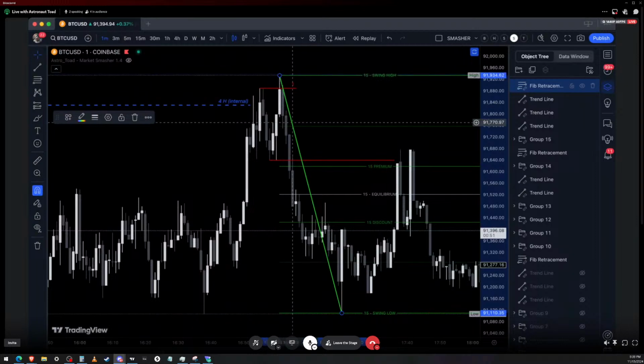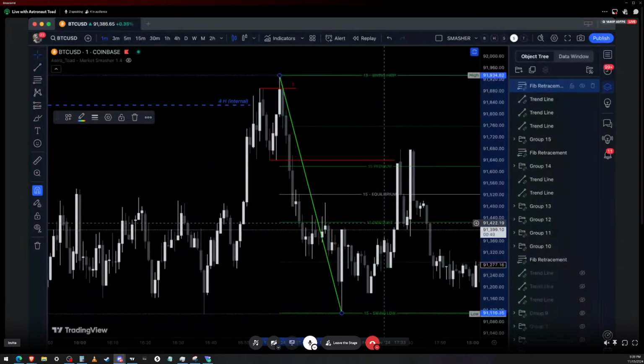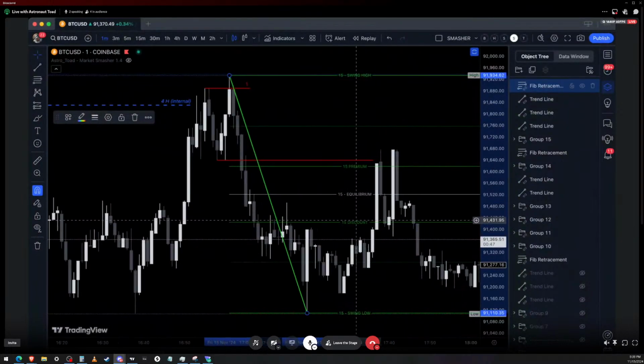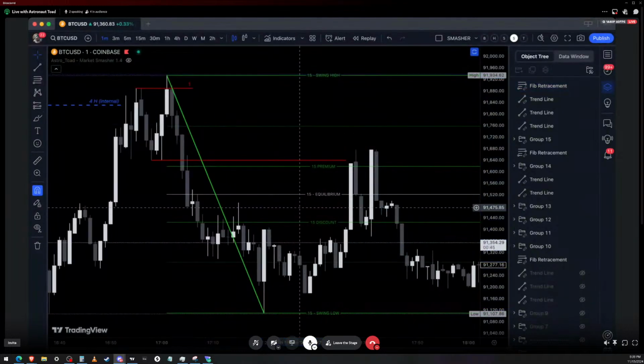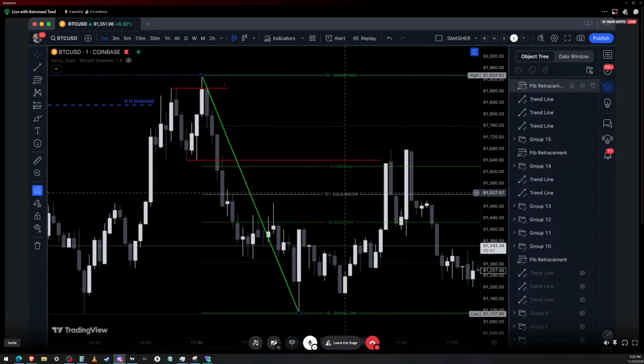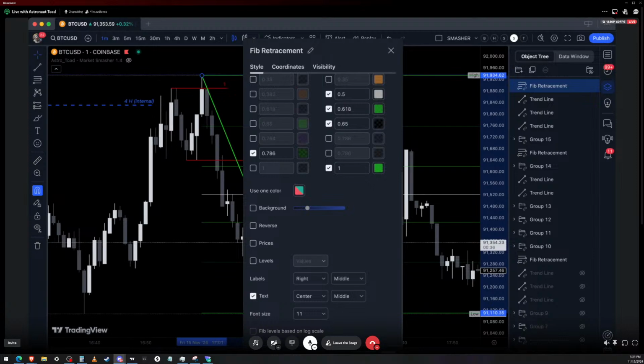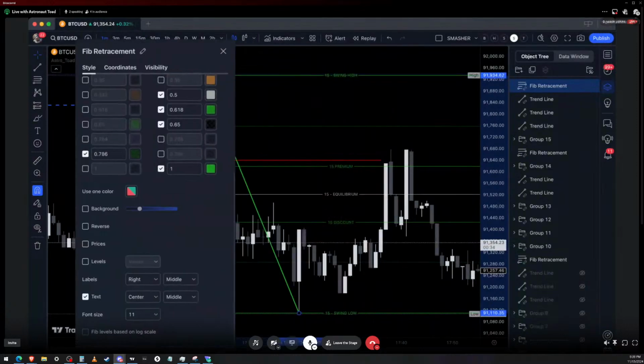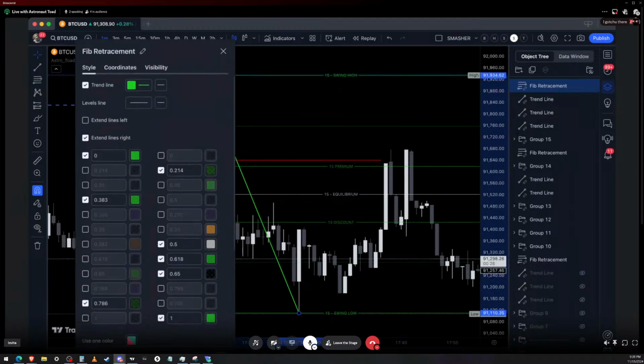So if I were to draw this from the top down, it would put discount up above and premium down below, which is obviously just not right. But I've sketched these out with the text tool by adding text. And so I've labeled premium as the 0.618 and then equilibrium as 0.5 on the fib.